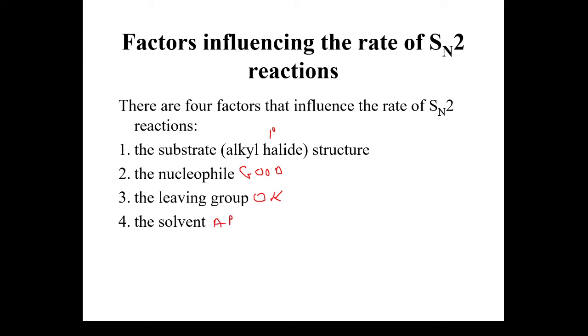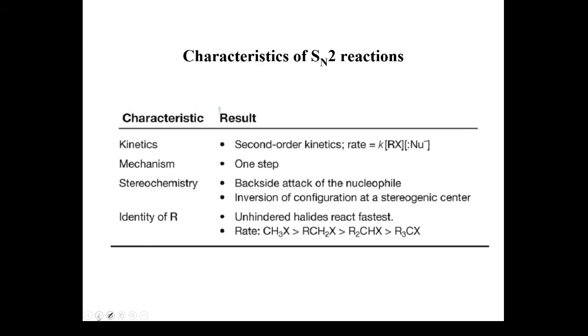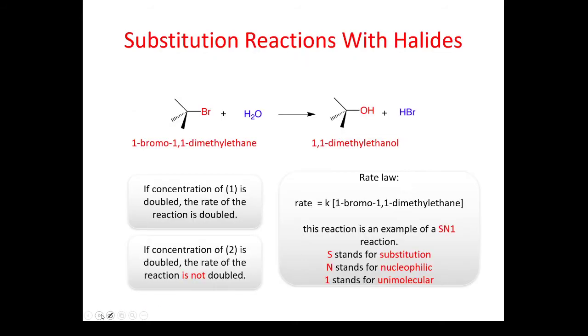I don't need a protic solvent. I don't need ions to form, maybe for my nucleophile, but for the most part, I should be all right there. Key is this: backside attack, inversion of the stereochemistry, like I said.